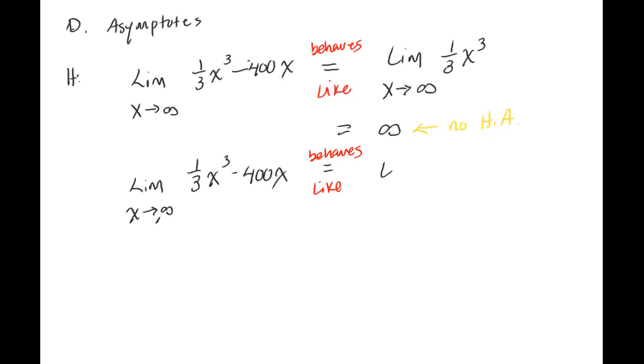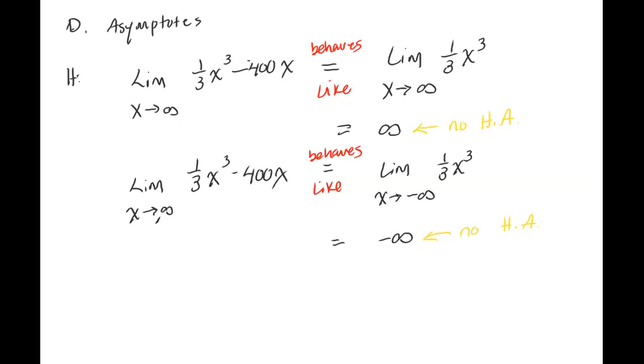So it behaves like the limit as x approaches negative infinity of 1/3 x cubed, which is an odd function. Leading coefficient is positive, so this is equal to negative infinity. That shows that there is also no horizontal asymptote as x approaches negative infinity. So there are no horizontal asymptotes.